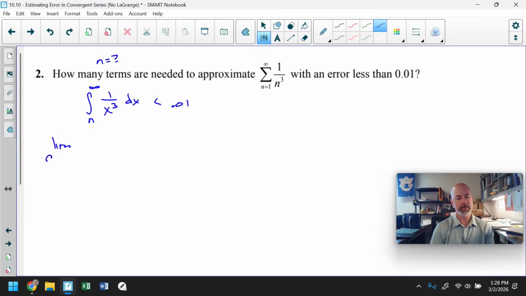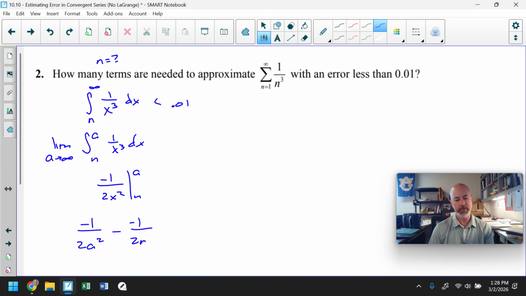Limit as a goes to infinity of the integral from n to a of 1 over x cubed dx, and that antiderivative ends up being negative 1 over 2x squared, evaluated from n to a. Negative 1 over 2a squared, minus negative 1 over 2n squared.